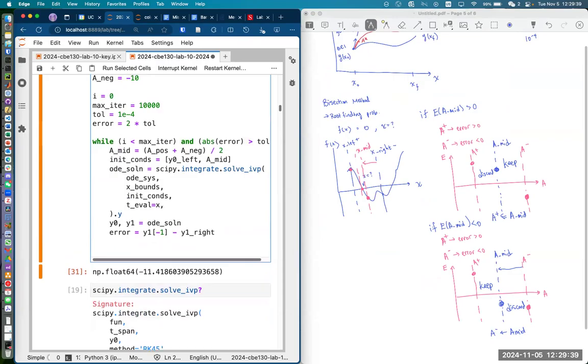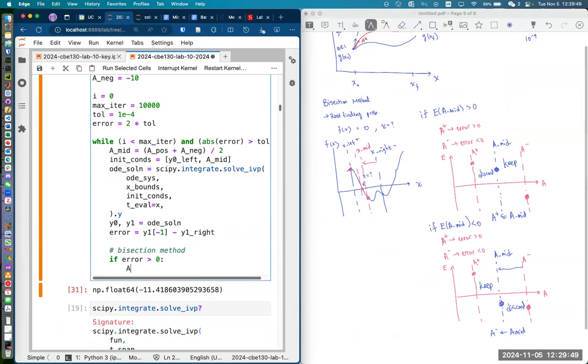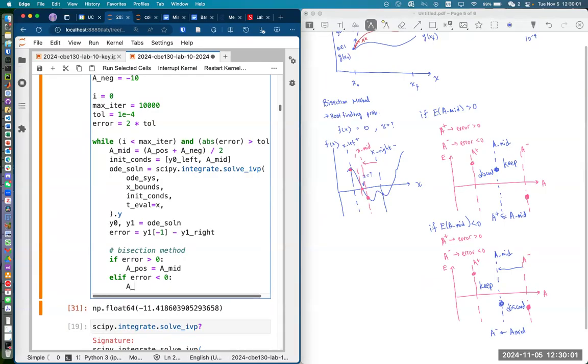After having the error, I'll do bisection. So if the error is positive, I will move the A plus, so A positive, assigned it to A middle. And if the error is smaller than 0, I'll assign it to A negative.